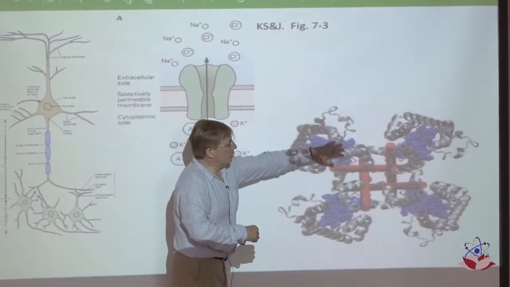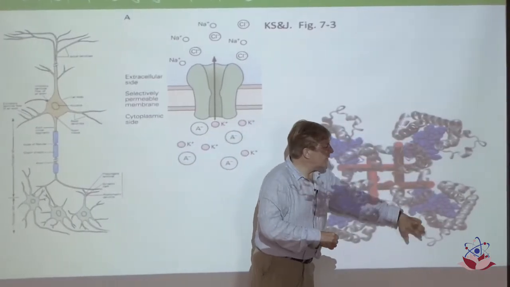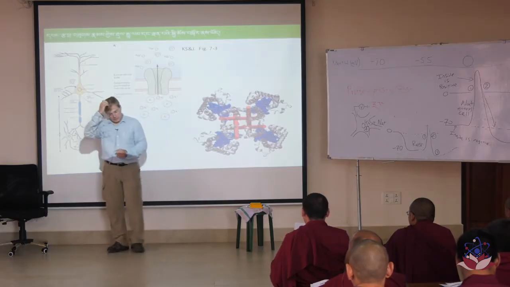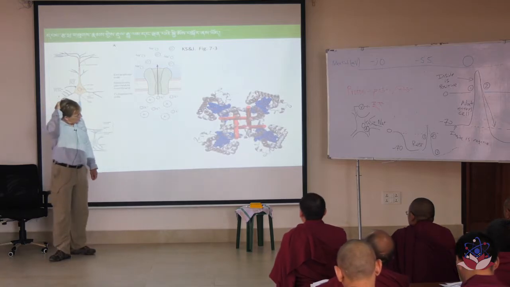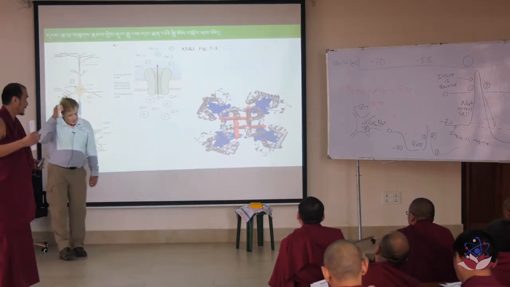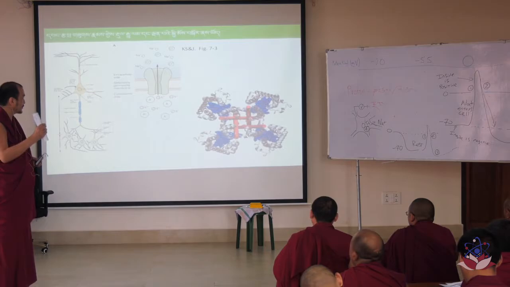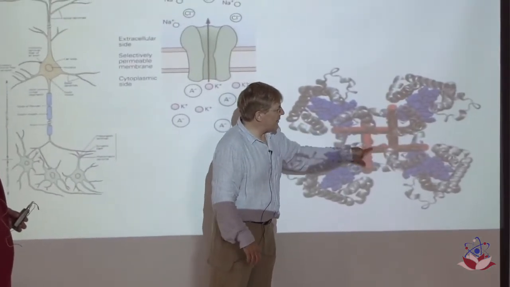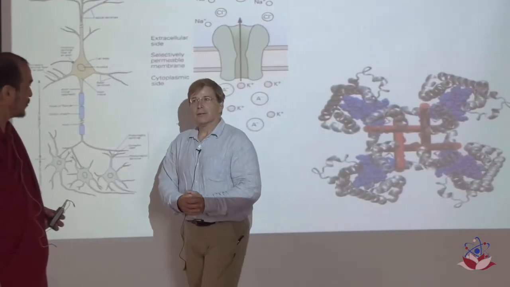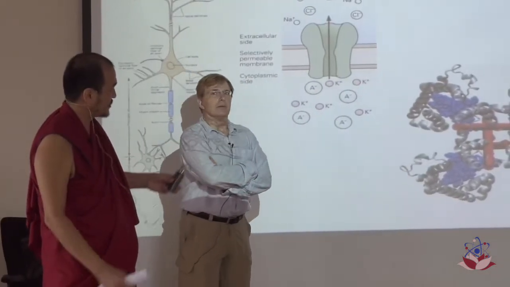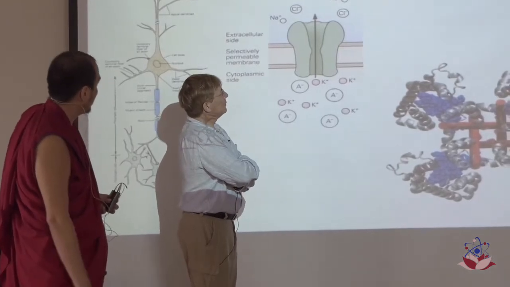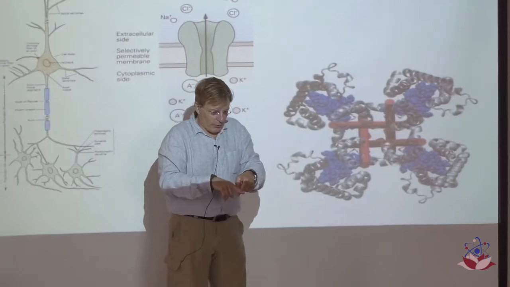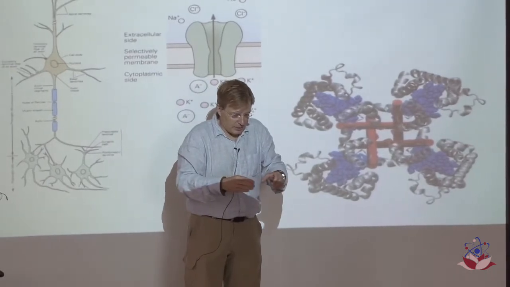This is another way in which we draw in detail the structure of the channel looking down from the top. This is the opening that allows ions to pass. The red bars are the gates that control whether ions can pass or not by opening and closing.